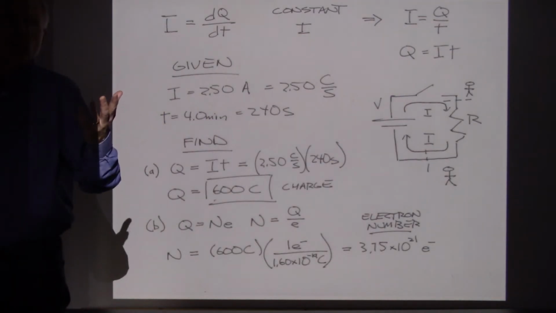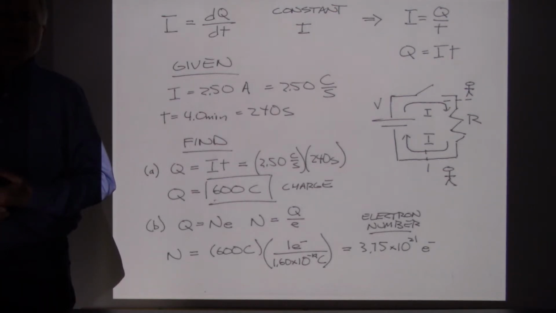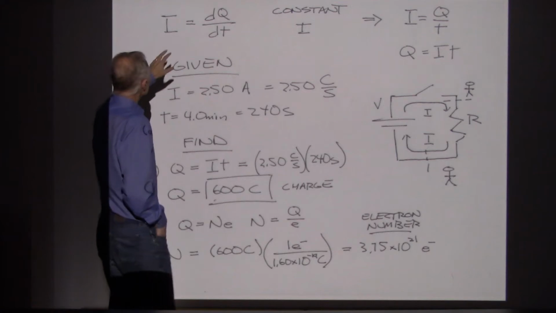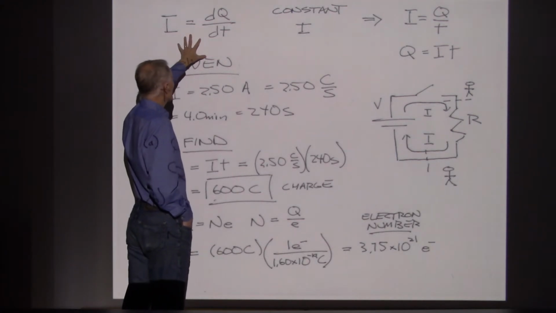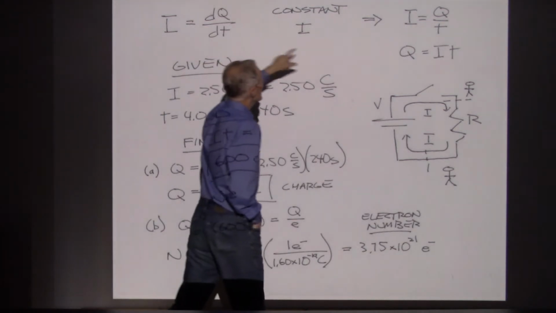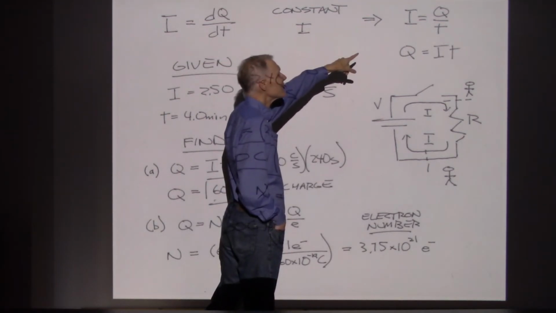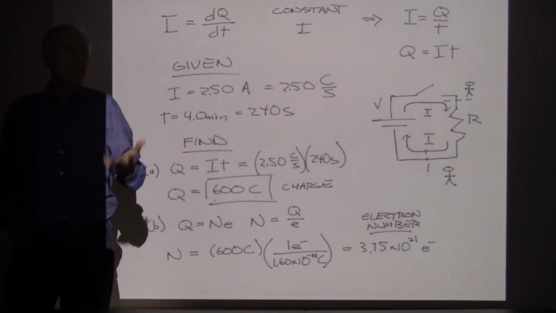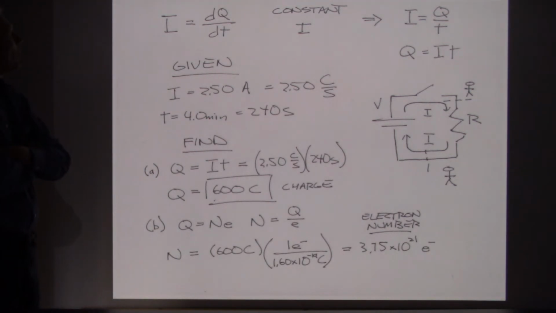So perfect, we can go in and calculate how much charge has gone by. We could write this in terms of differentials, dq and dt, or since this is a nice steady, constant current, let's just say I is equal to Q divided by t.